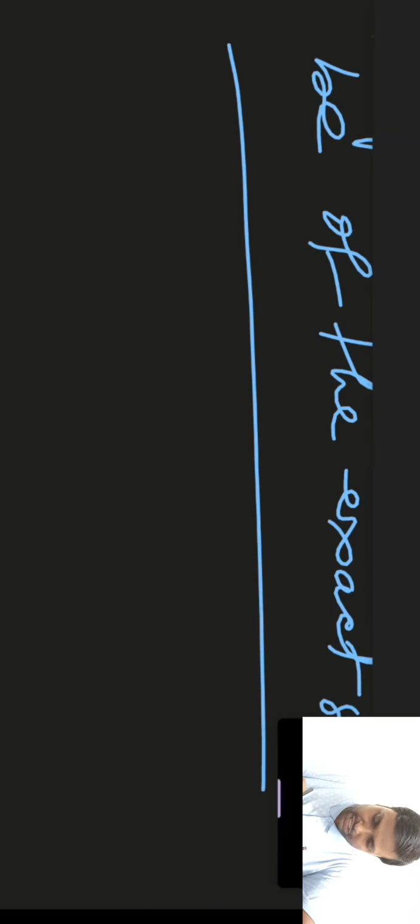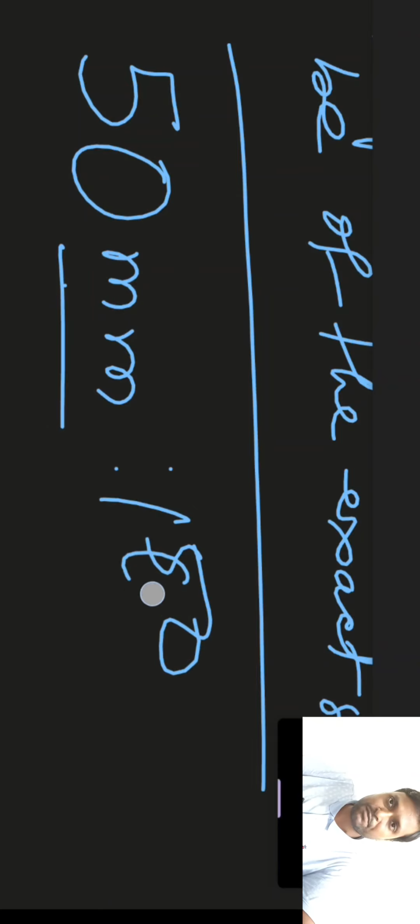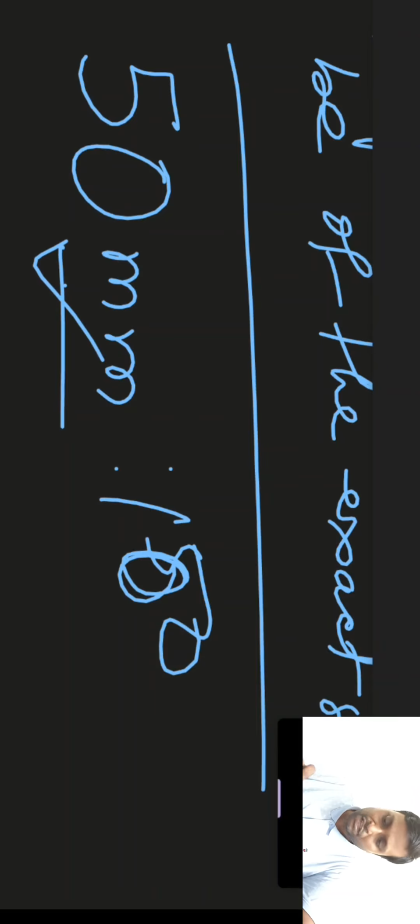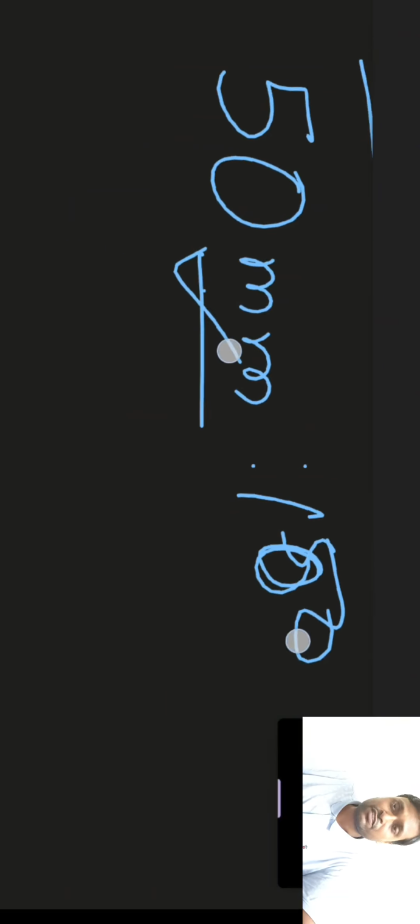What I want to mean by exact size is that when we go on manufacturing a shaft, say a shaft of 50 mm diameter, suppose we are manufacturing 100 shafts, each of 50 mm diameter, but this is not possible.